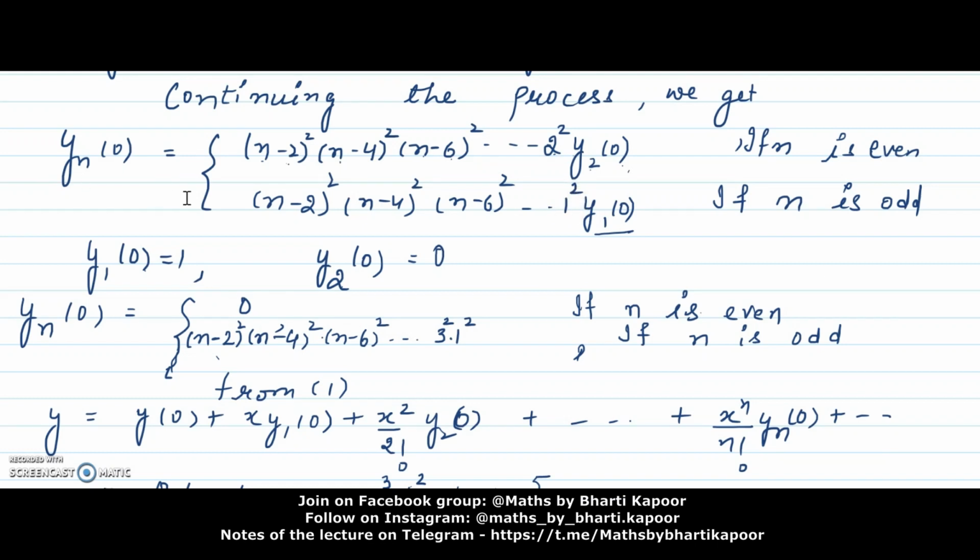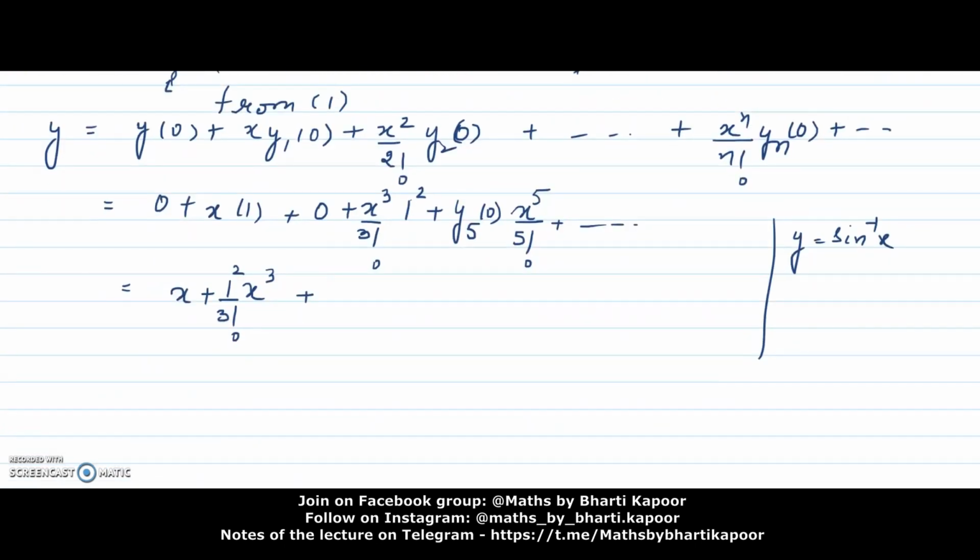So y5(0) will be 1 square into 3 square, over 5 factorial into x raised to power 5, and by symmetry the next term will be 1 square, 3 square and 5 square over 7 factorial and x raised to power 7, and so on.